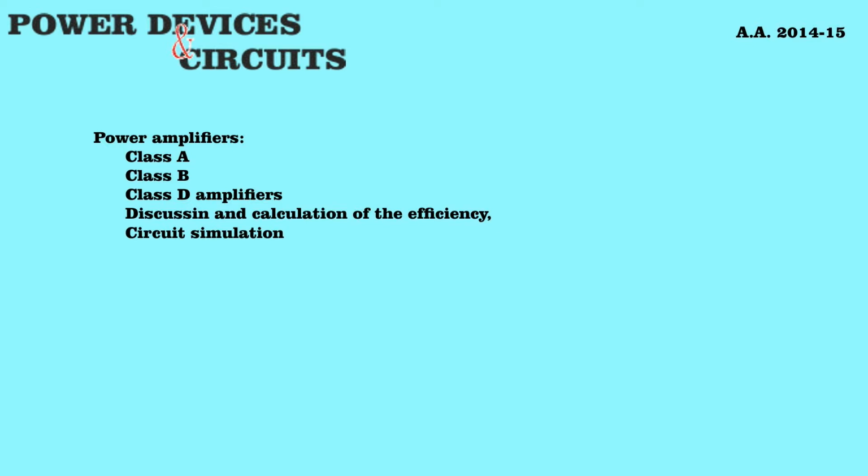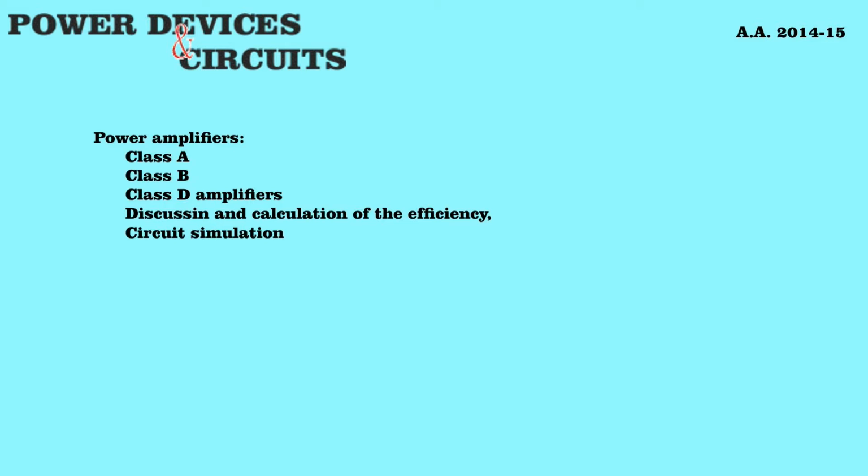Also in this case, you can calculate the power dissipation on the device, saying that the power taken from the power supply will be the sum of the power transferred to the load and the power dissipated on the power device. In the end, you obtain a quadratic equation as a function of the current.